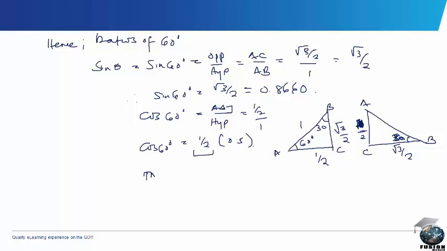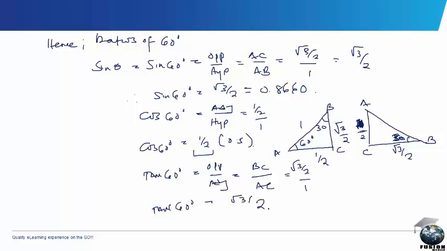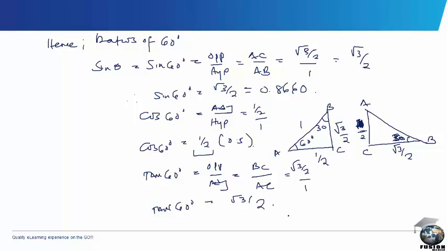And then tan 60 degrees is equal to opposite over adjacent, which is BC over AC, where BC is root 3 over 2 and AC is 1/2, so tan 60 degrees is root 3.